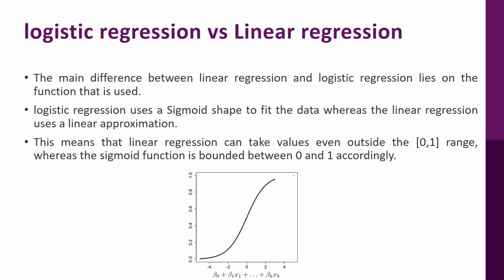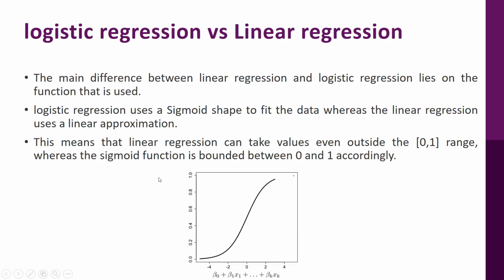The main difference between linear regression and logistic regression lies in the function that is used. In the logistic regression, we can use a sigmoid shape to fit the data, whereas the linear regression uses a linear approximation. A sigmoid shape would take values between 0 and 1.